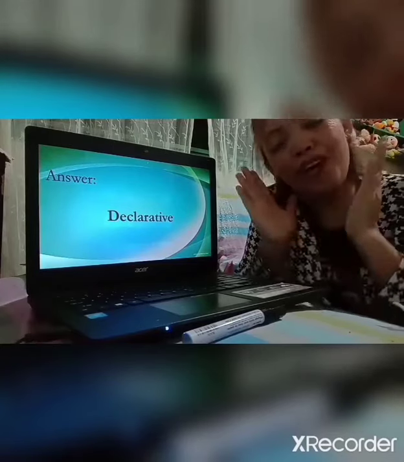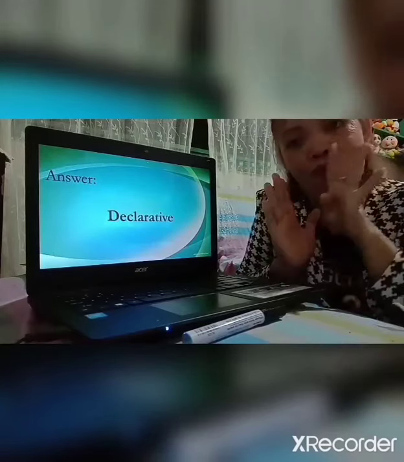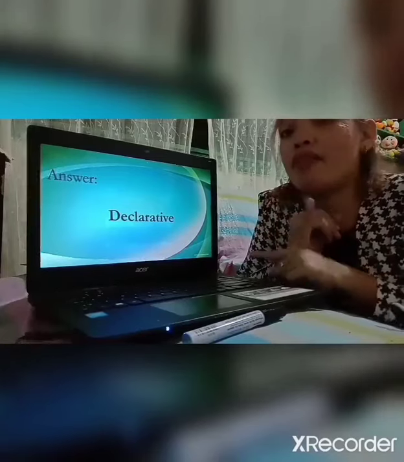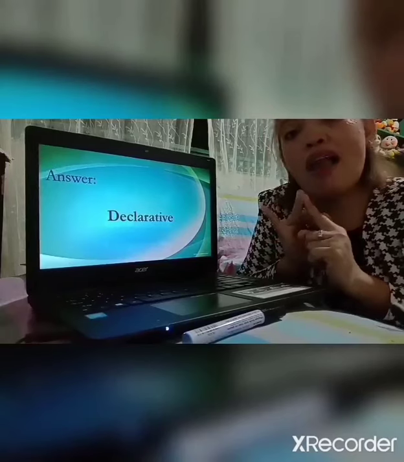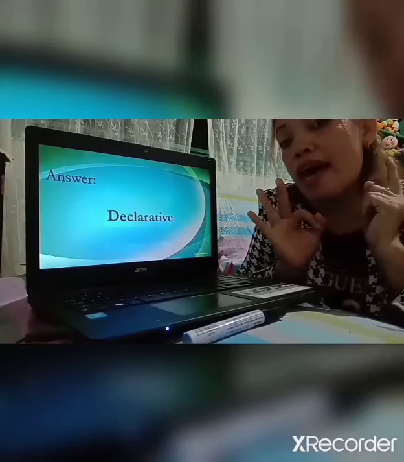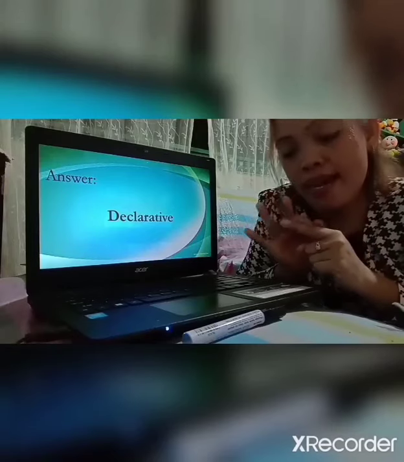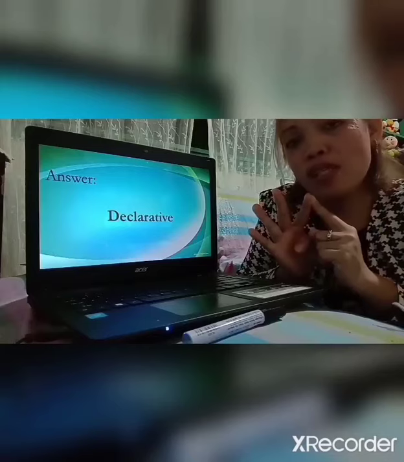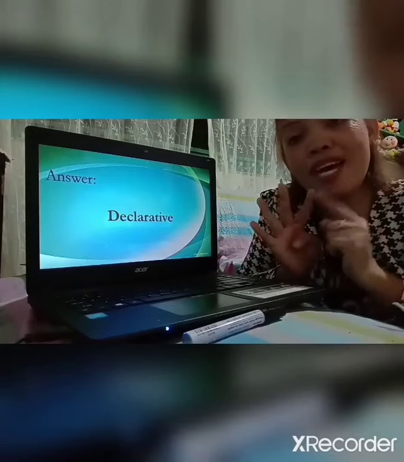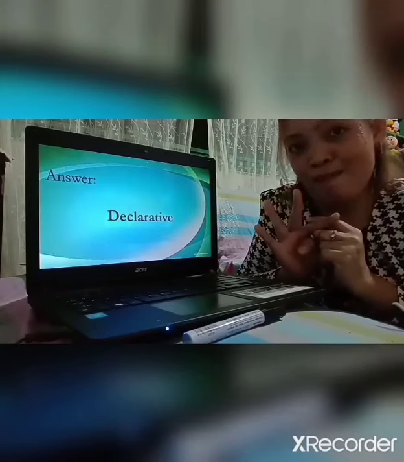And the different kinds of sentences, we have 4 to remember. Declarative, which is all about stating. Interrogative, which is all about asking. Then we have imperative, which is all about commanding or requesting. And the last one is exclamatory sentence, which expresses strong feelings or emotion.